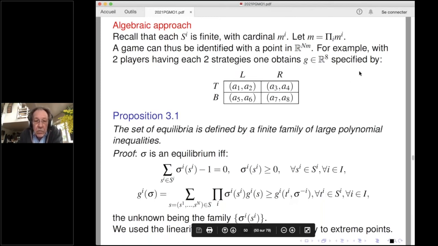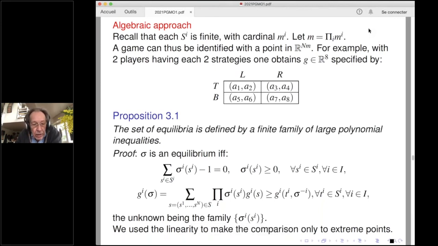Okay? So why do I have finitely many inequalities? Because by multilinearity it's enough to compare to extreme points, and there are only finitely many extreme points. Okay, so an equilibrium is a solution of this finite set of inequalities where the unknowns are the sigma_i of s_i, namely the optimal strategy of each player.